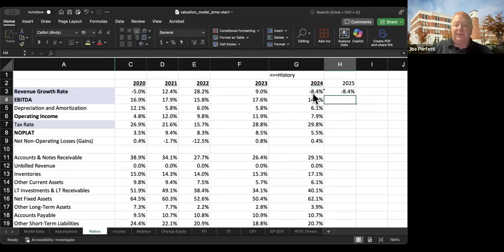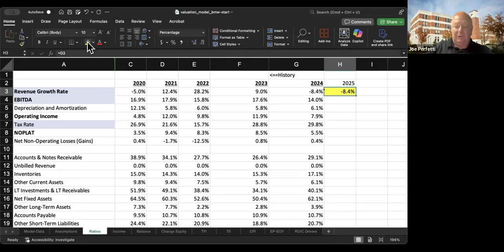So let's assume that BMW is going to shrink another 8.4% in 2025. Right now, that may not be realistic. We'll put in more realistic numbers in a later class, but just so we all have the same data as we're building the model, we're just going to repeat the ratios of 2024. Since that is a cell that can change, I'm going to make that yellow. So that's a changeable forecast.